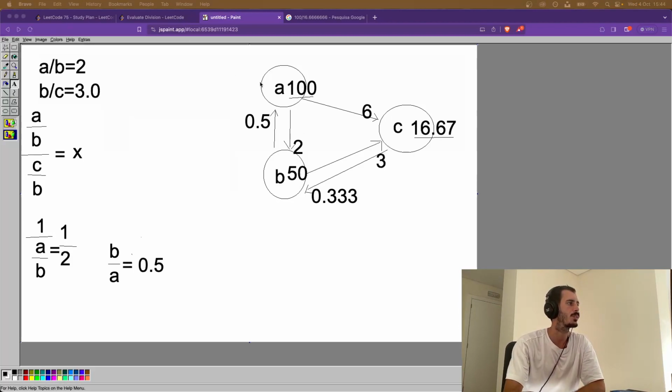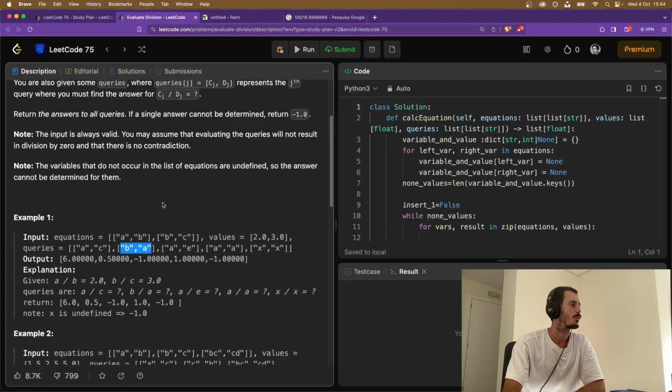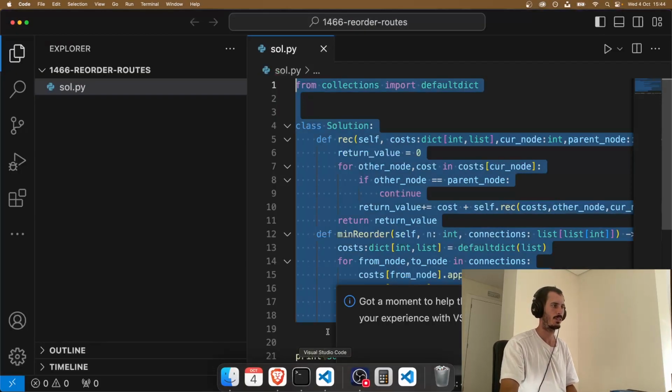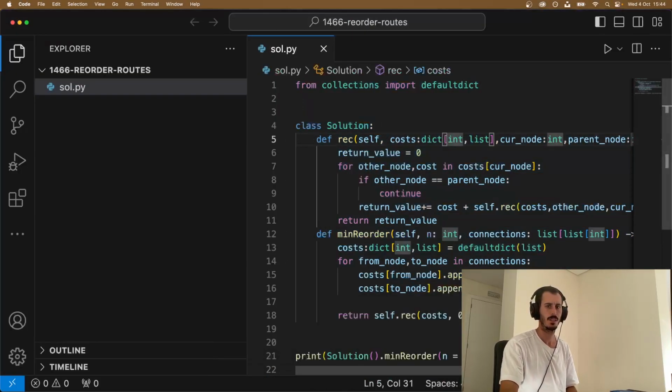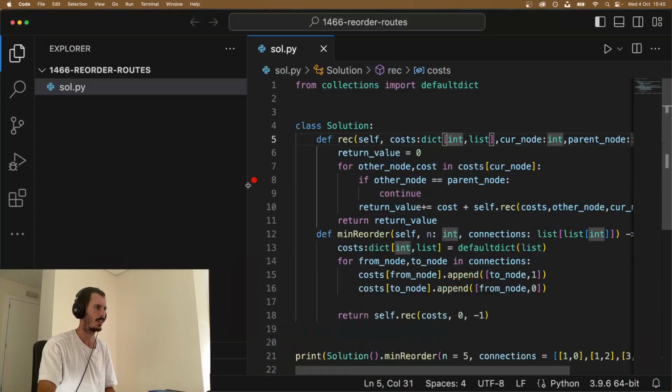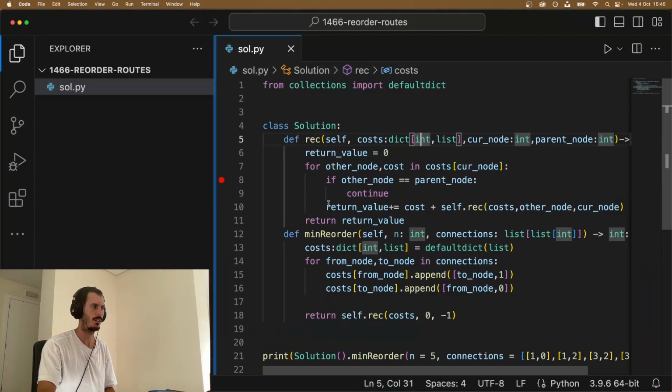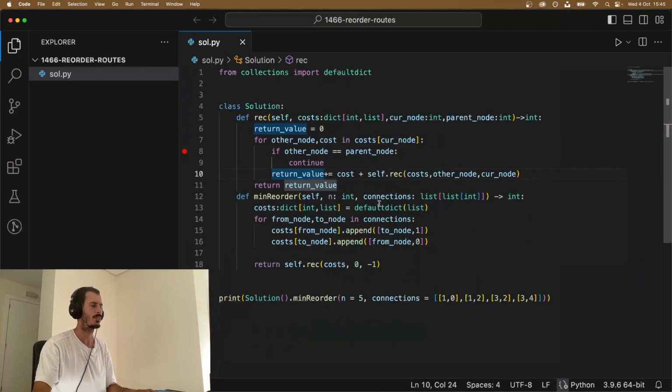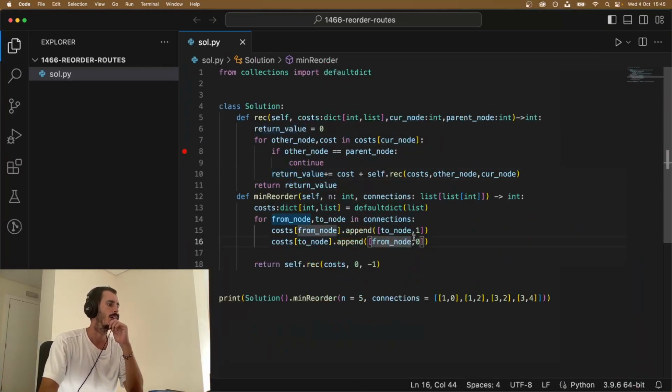So first thing we do is, for all the equations and values we get, let me open VS Code, move my webcam, move VS Code to the left. I'm going to zoom out, this is too close to me.